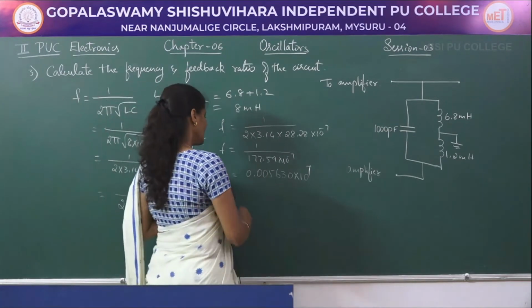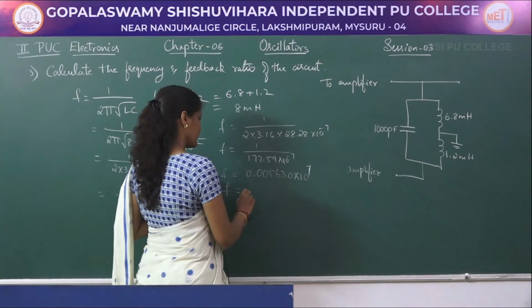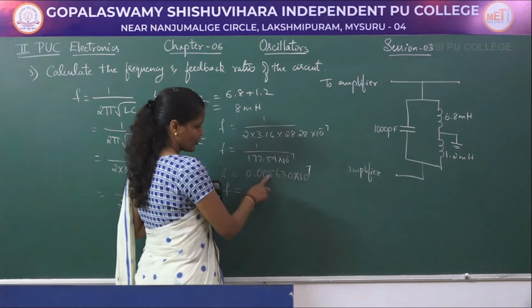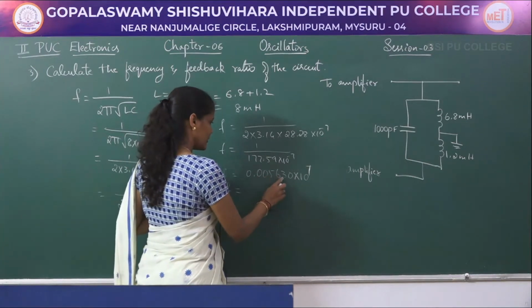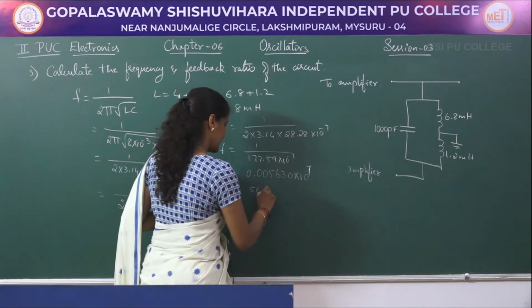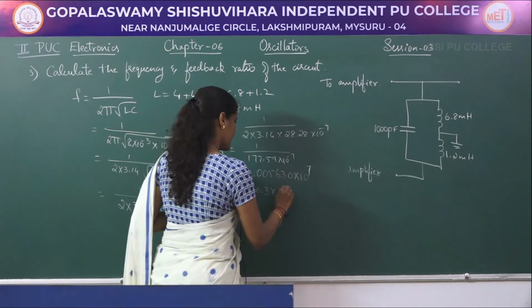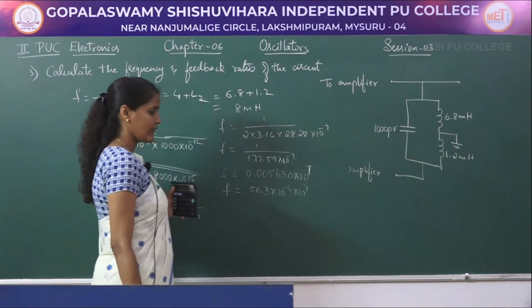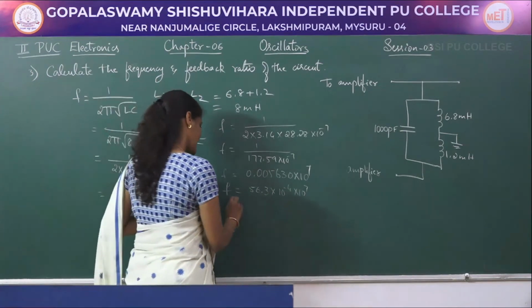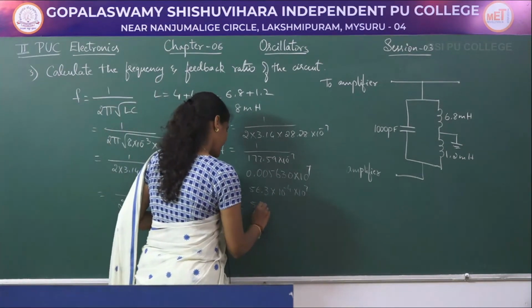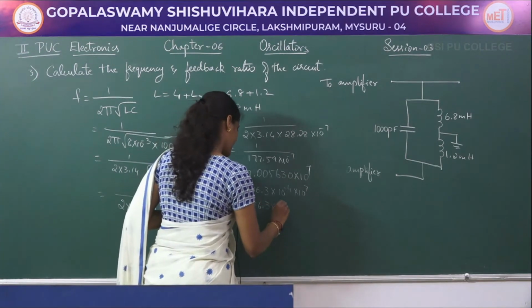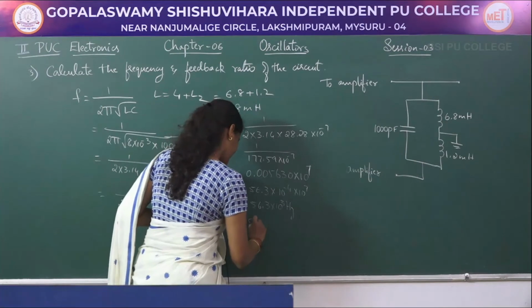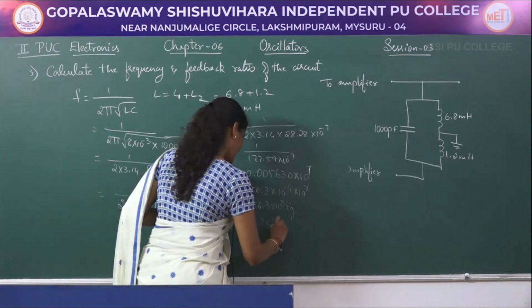So now f is equal to, shift the point towards the right. Let us shift this point 4 places. 1, 2, 3, 4, 56.3 into 10 to the power of minus 4 into 10 to the power of plus 7. 7 and minus 4 gives me f is equal to 56.3 into 10 to the power of 3 hertz, or f is equal to 56.3 kilohertz.